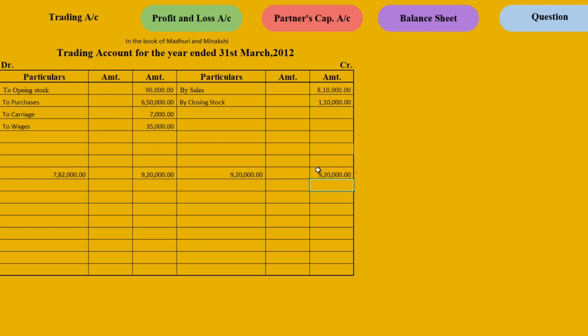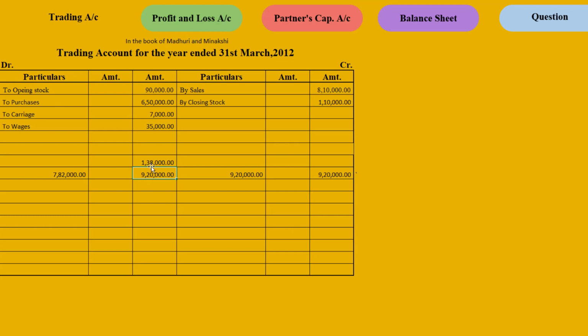Like this. Now what we need to do? Which side is less? Debit side is less or credit side is less? Debit side is less, no? So here, how to do? You first write 9,20,000 minus the lower amount, the total of debit side, 7,82,000. 7,82,000 will be written like this.